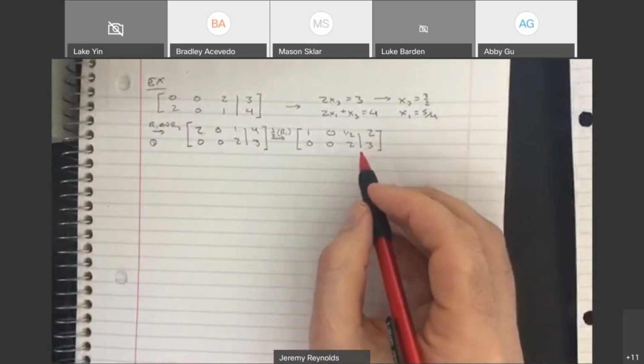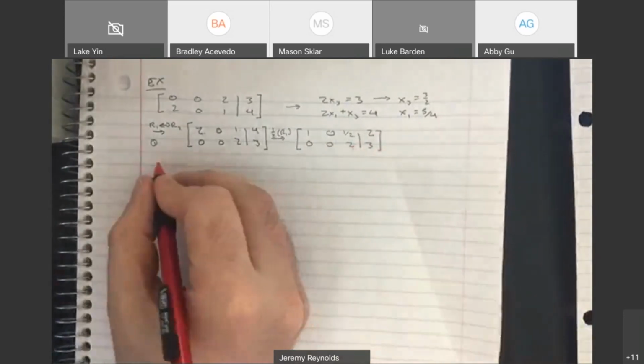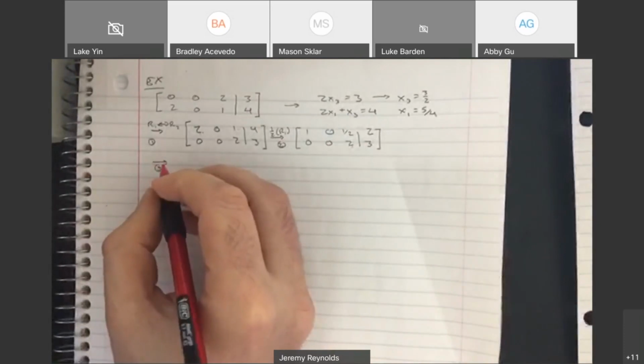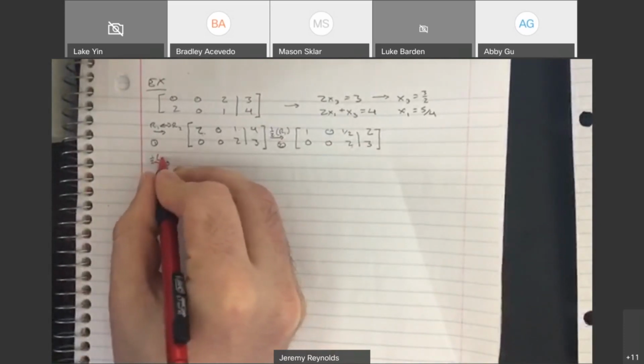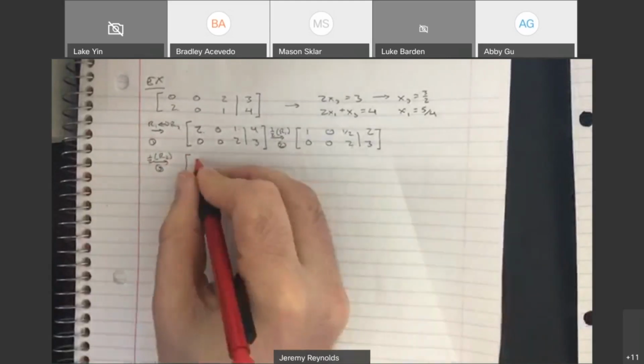Now, in order to get it into echelon form, we need this leading entry to be a 1. So the next step is we're going to take 1 half times row 2. And row 1 will stay the same.